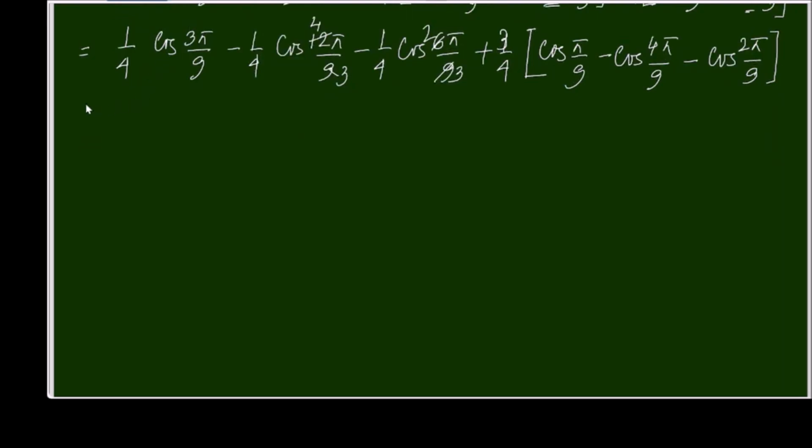So in the next step, I'm getting 1 by 4. Cos 3 pi by 9 is the same as pi by 3. I'll take 1 by 4 common from the first 3 terms: cos pi by 3, minus cos 4 pi by 3, and here cos 2 pi by 3.